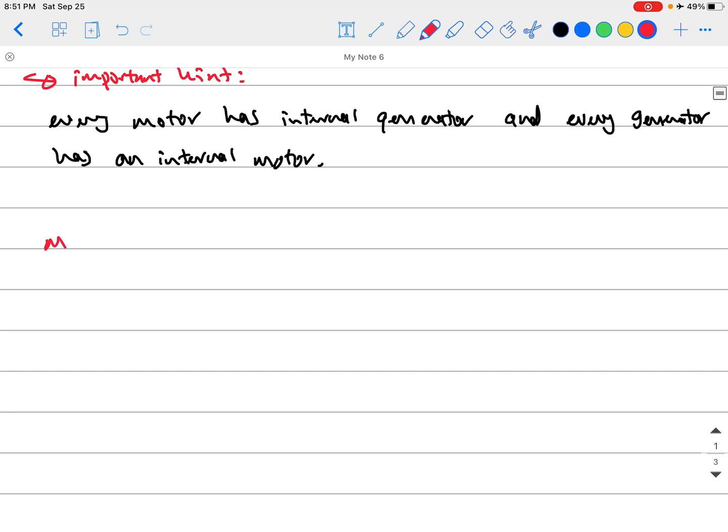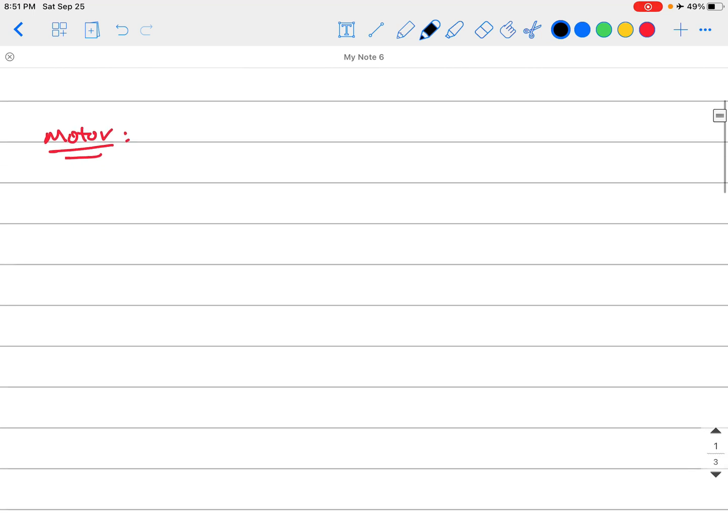So going back to the theory of operation of the machines, I'm going to start with a motor. How do we get a motor working?